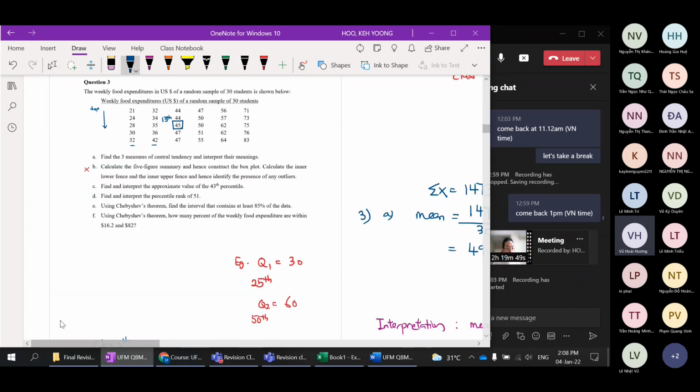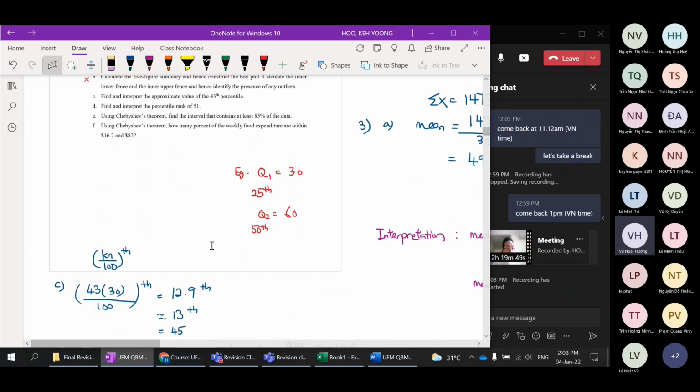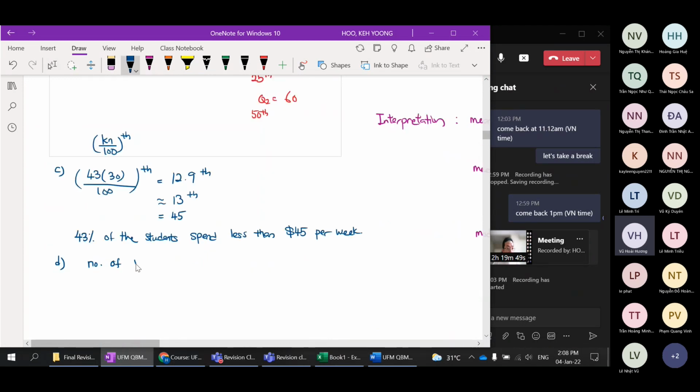Okay, how about question D? Find and interpret the percentile rank of 51. In the values, you see there's one value 51, right? But what is the percentile rank for this? To find the percentile rank of a certain value, first we need to find the number of values less than 51.